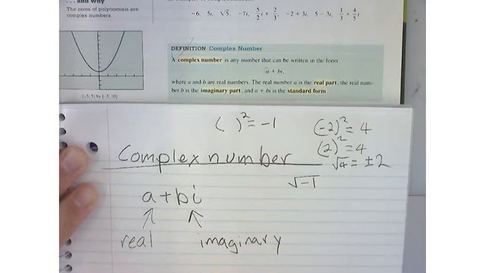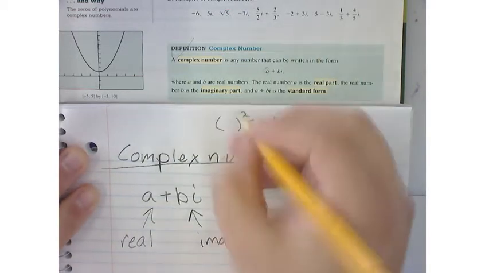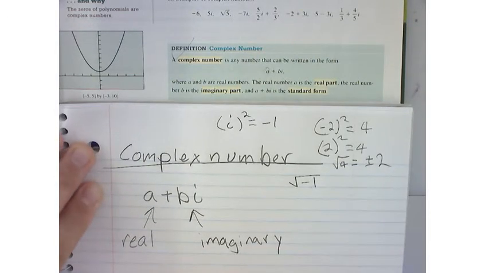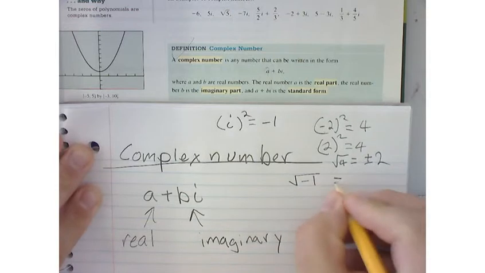Okay? You just can't do it. So we mathematicians, we love to plug in letters for numbers. We don't know what this number is, but we will call it i. So when we talk about an imaginary number, the square root of -1 is equal to i.